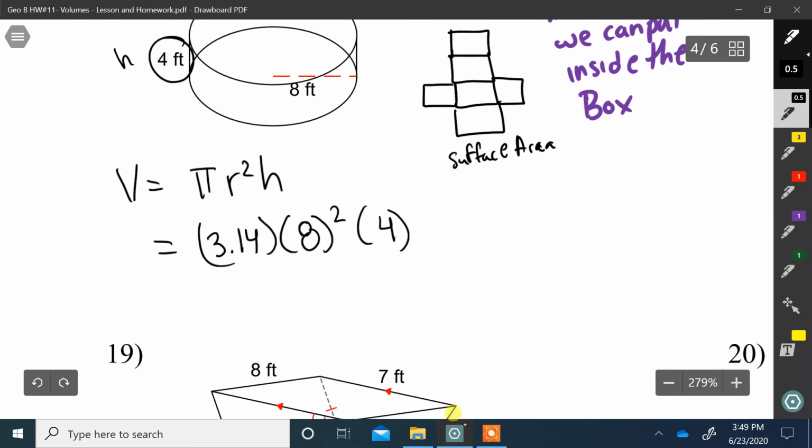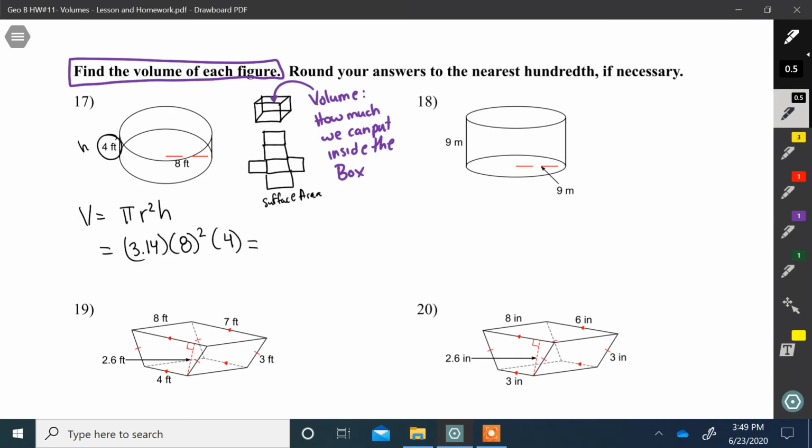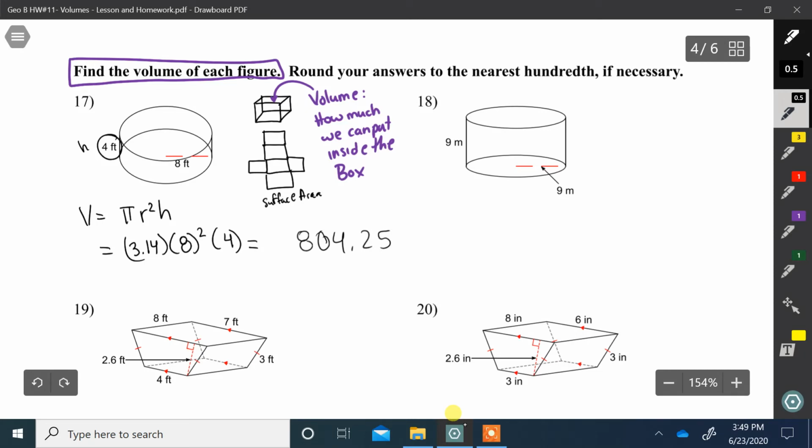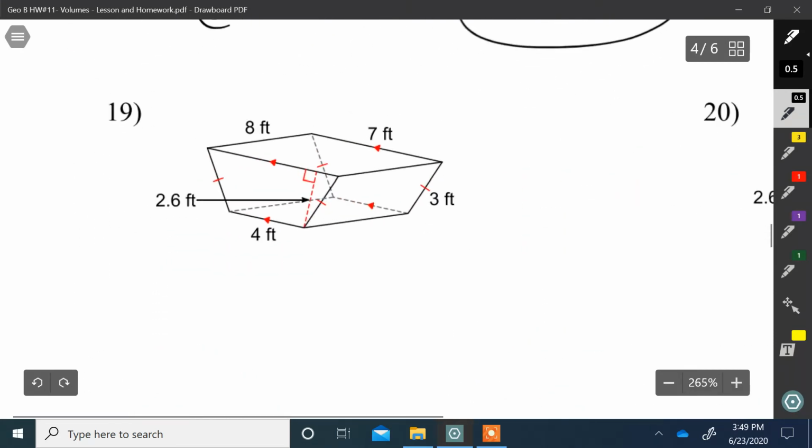You multiply all that out and you will get 804.25. Okay, now let's consider this one here.